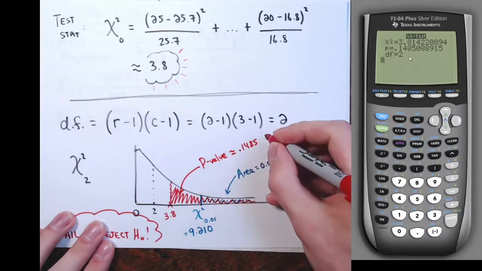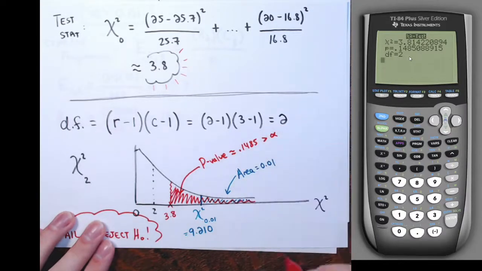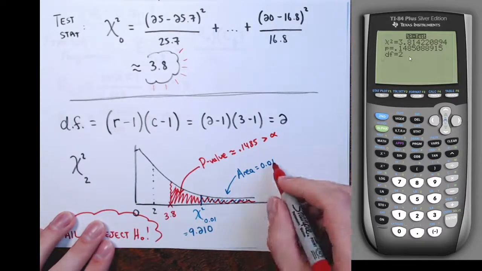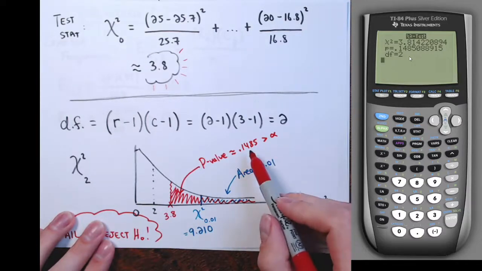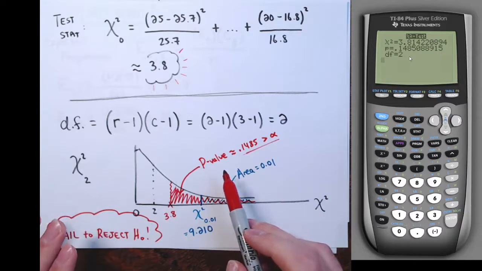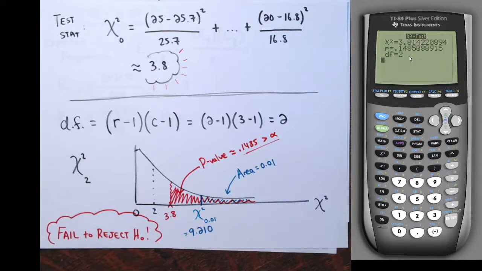And this is definitely bigger than alpha. That's 14%. That's bigger than 1%. And if the p-value is greater than alpha, then you don't reject the null hypothesis. You fail to reject the null, which I already said earlier, we're using the rejection region. And you see degrees of freedom is 2 and all that, as we said earlier.